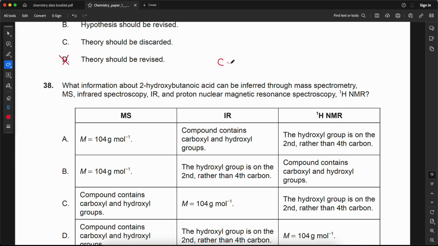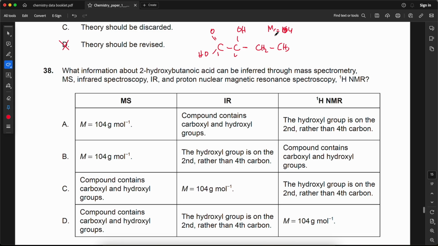Butanoic acid, COOH, and you have CH2, CH3. 2-hydroxy, so we start from 1 and then 2, so you give OH. All right, so the molar mass here is 104. So we have MS, IR, and NMR.